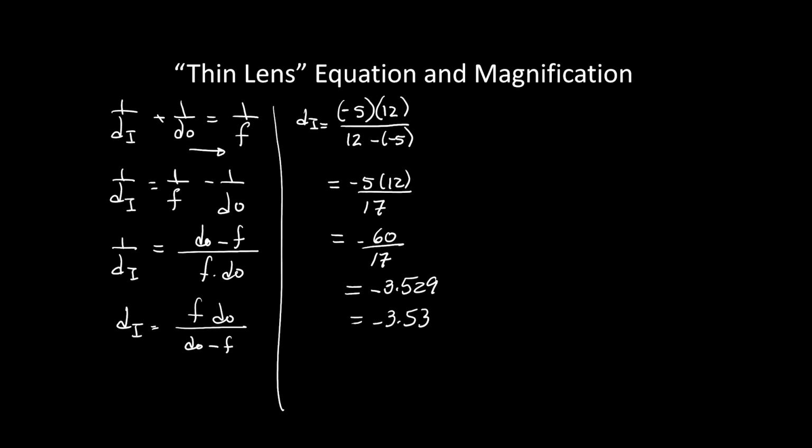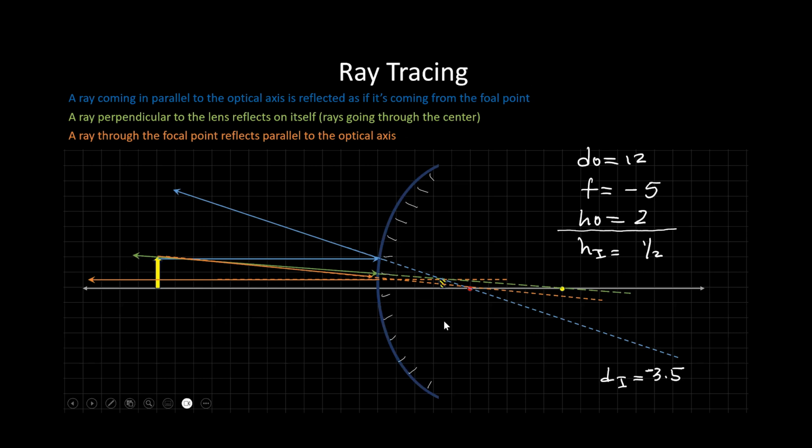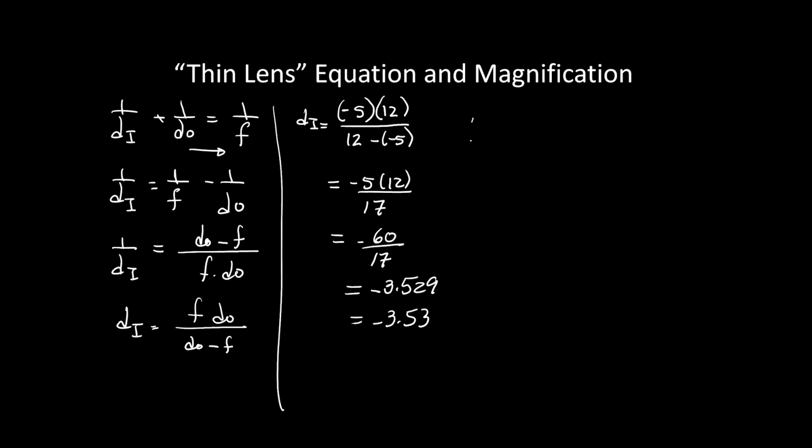This is what we got for d_i from the diagram. Roughly, it sat around 3.5. Good. Now let's look at the magnification. So m is -d_i over d_o, which is also h_i over h_o.